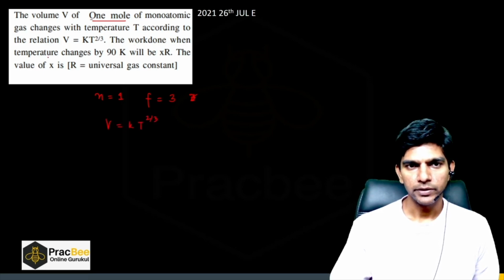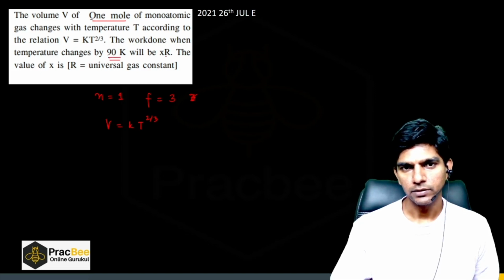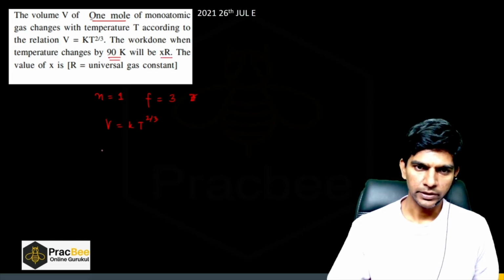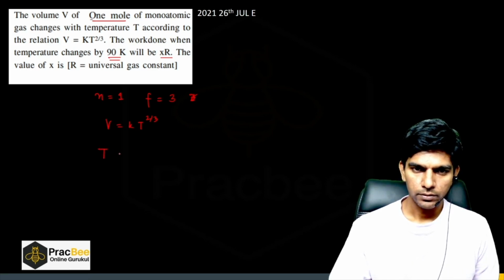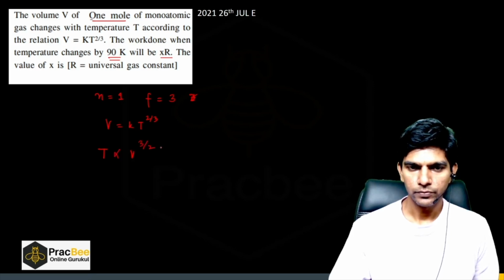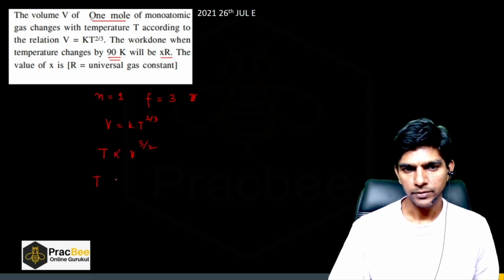The work done when the temperature changes by 90 Kelvin will be XR. The value of X will be, okay. So we can write T will be directly proportional to V raised to power 3 by 2, or I can write this as T V raised to power minus 3 by 2.